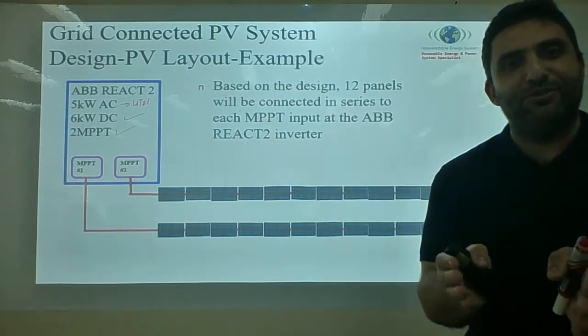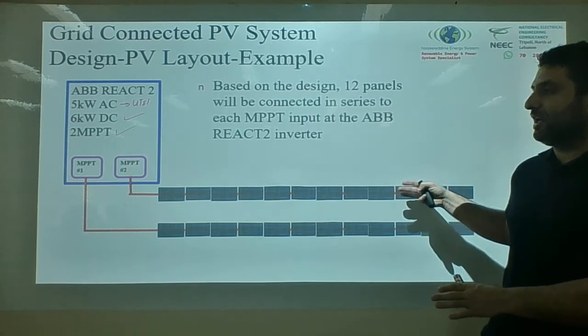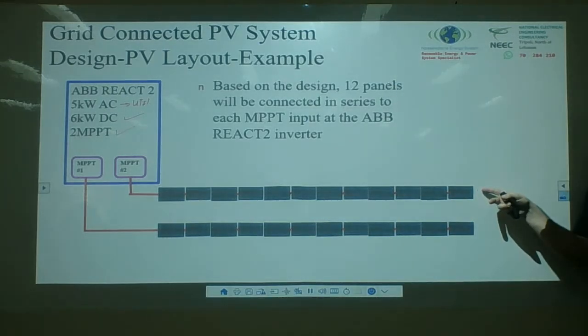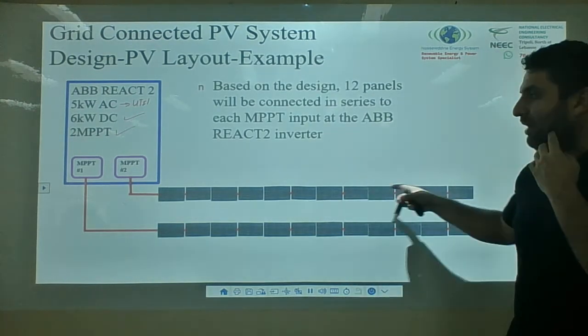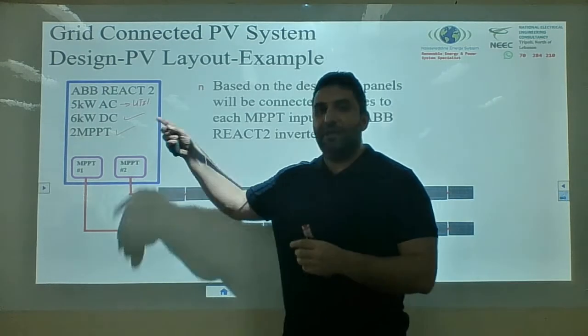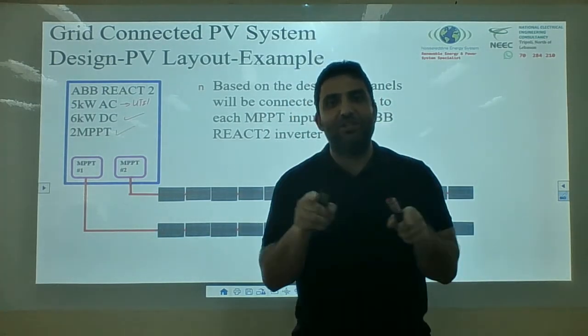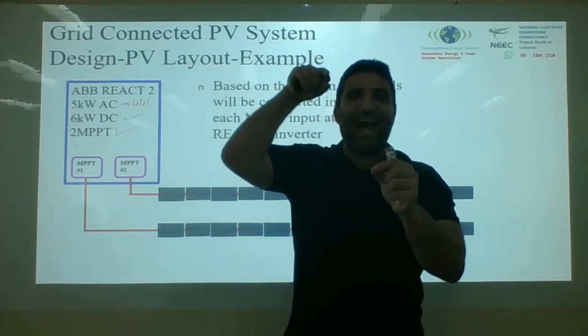Like I said to you, tomorrow when you become more experienced in this, you will see that even if I put not 24, even if I put 26, if I add 1 in here, it shouldn't matter for me. Because the power of this one will never reach 100%. The 250 only will happen, if you go to the data sheet of the panels, when it's at 25 degrees, 1,000 watt per square meter at the panel.